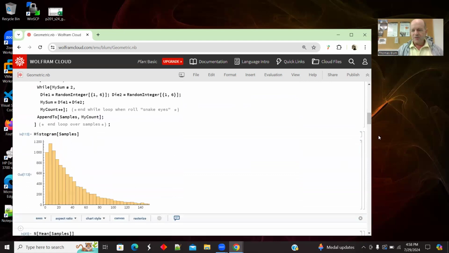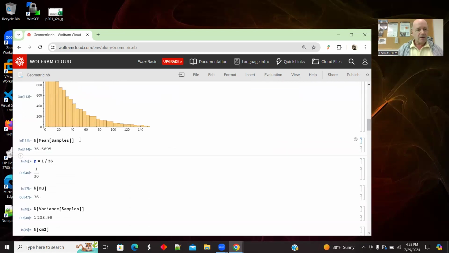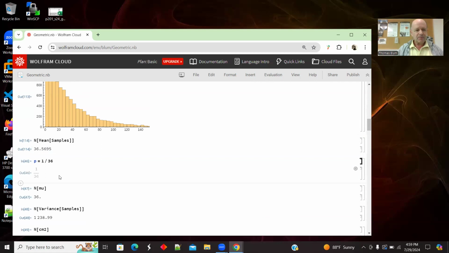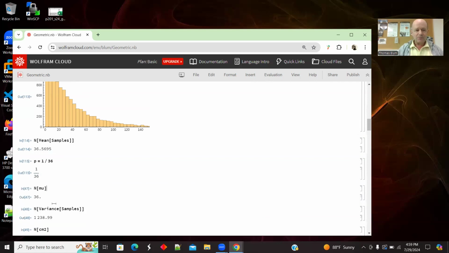Okay, then there is my histogram. The mean should be about 1 on P, and then I'm setting P to be 1 on 36, and then calculating the numerical value.